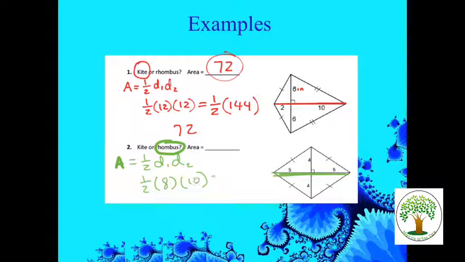You can do this a couple different ways. You could take the half of the 8 right now and make it 4. You'd have 4 times 10. Or we could take the 8 times 10, make it 80, and take half of 80. Both ways we'll get 40 as our answer.